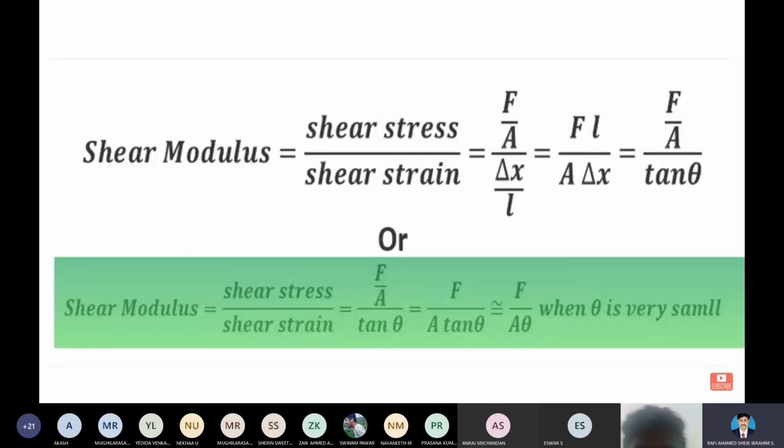When theta is very small, then tangent theta approaches theta. So the shear modulus in this situation will be equal to F divided by A theta. And this is the shear modulus which we have derived from the shear stress and the shear strain.